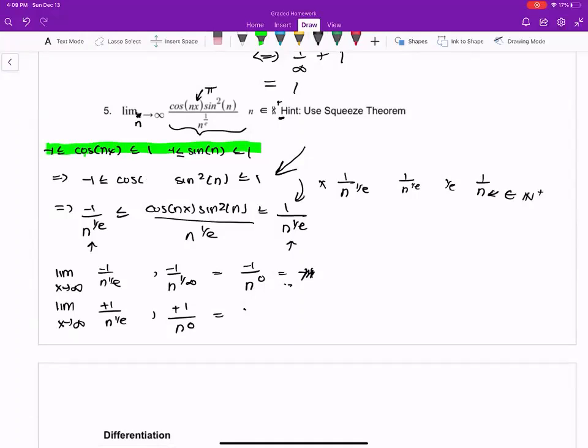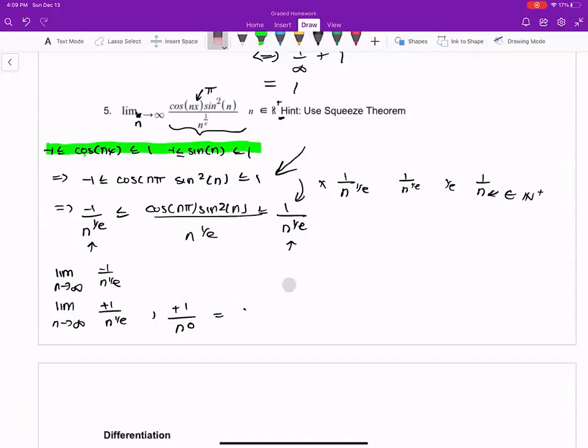So this should be n times pi. There we go. This should be n times pi over n. Now we're evaluating the limit as n approaches infinity, not x approaches infinity. N approaches infinity.